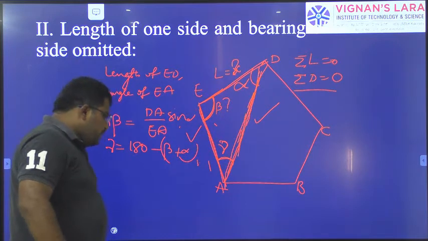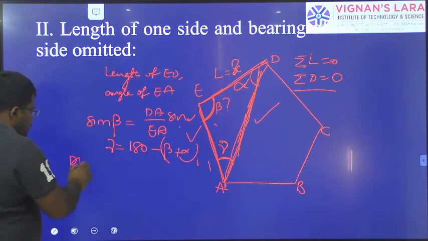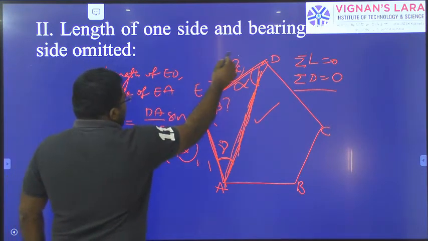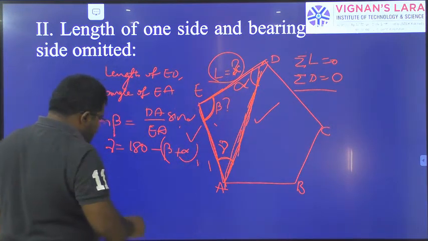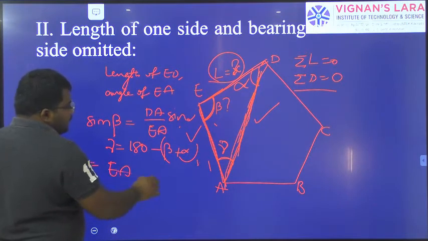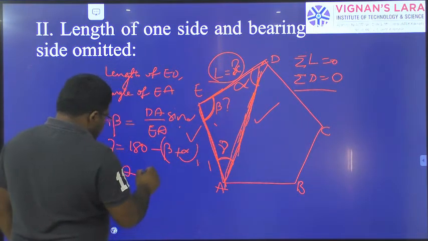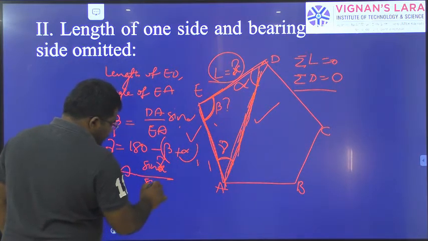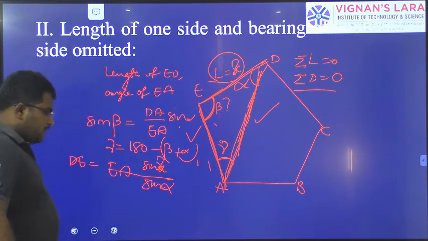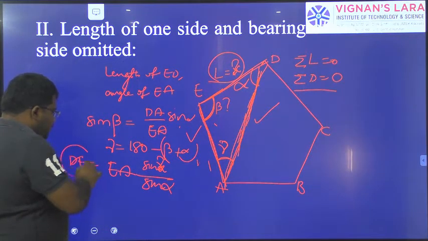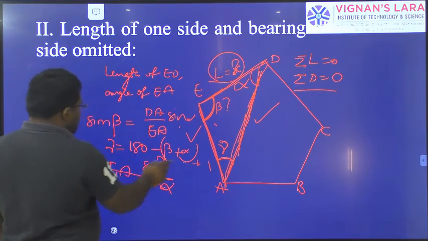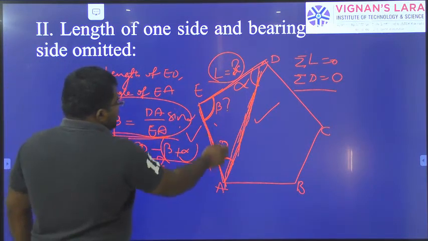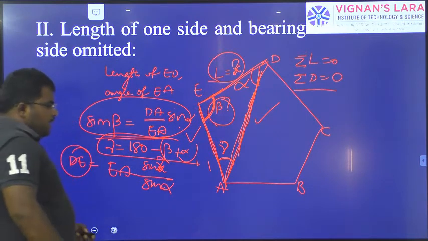So now the length of DE, we don't know, this length I have to find. DE will be equals to EA sin gamma by sin alpha, okay? So from here we are going to know the DA value, and beta we can find by this. So sin beta is equal to how much now? From here the beta value and the length will be calculated, okay?